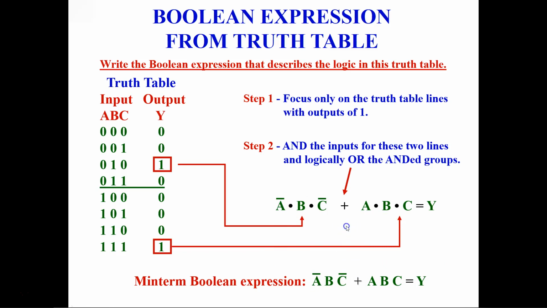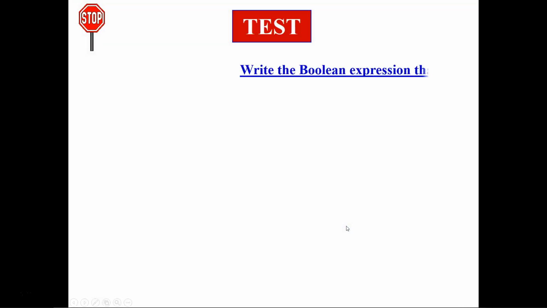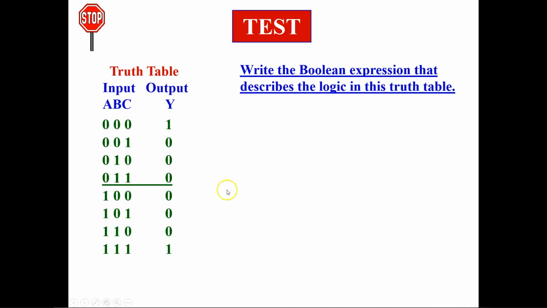Now let's see next. It's a test, and let's see if you are able to make the Boolean expression. If you remember from the last slide, the first thing we look for in the truth table if we want to find the Boolean expression is ones at the output.